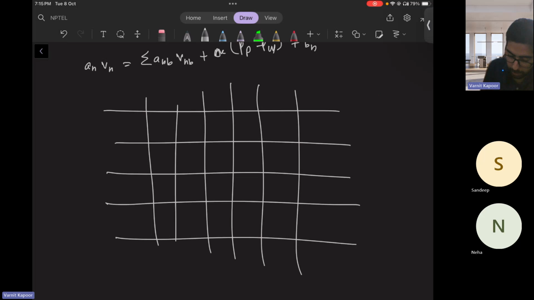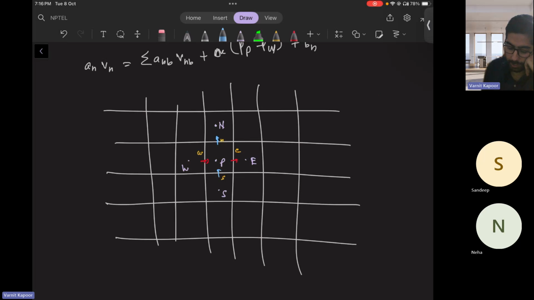Suppose this was your P. This is your north, this is your south, this is your east, this is your west. Velocities are going like this: U east, U west, V north, V south.